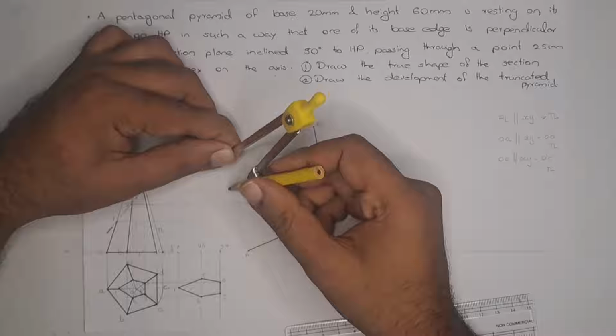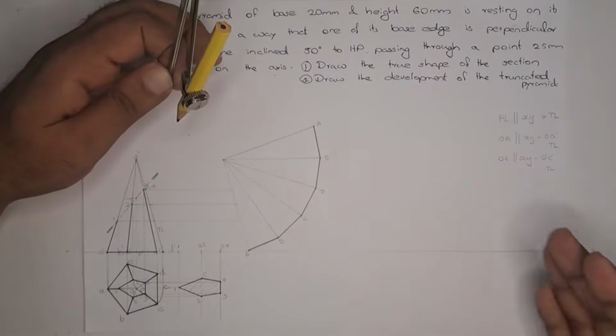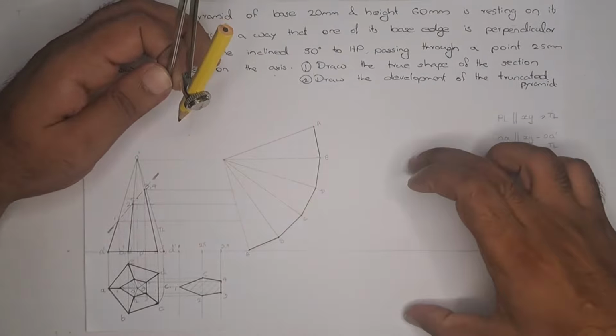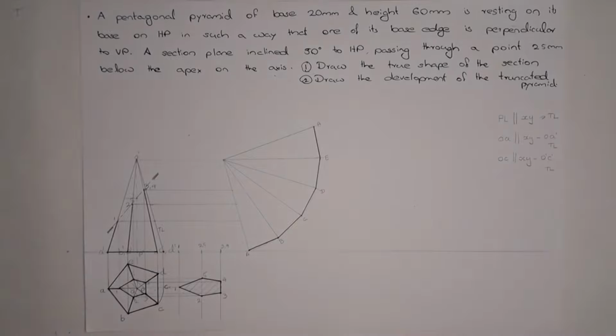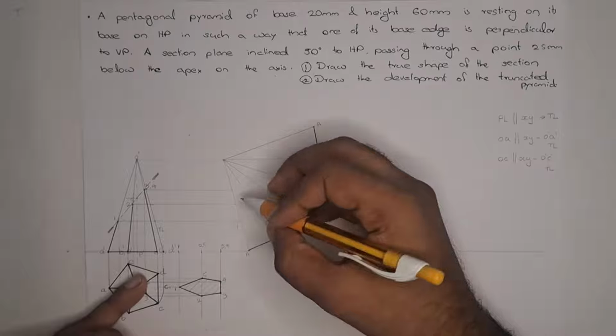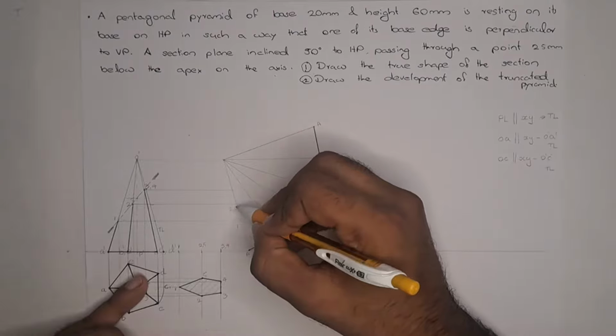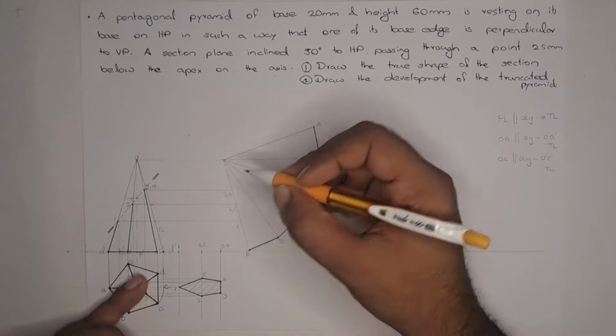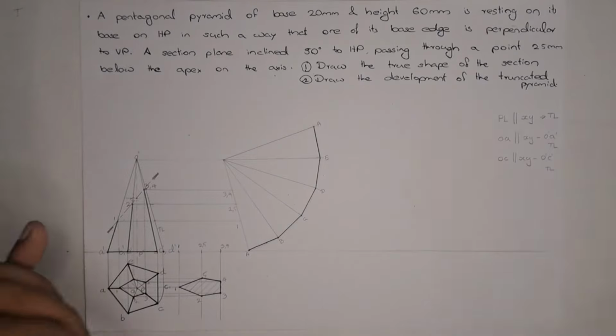This one we have to mark separately if we draw anything on distance here. Now give the names. Here 1, 2, 5, 3, 4.